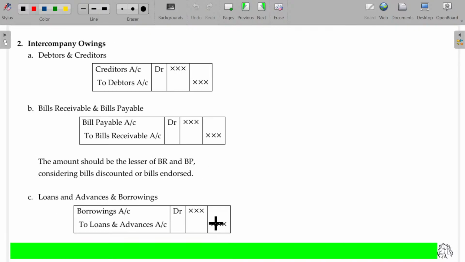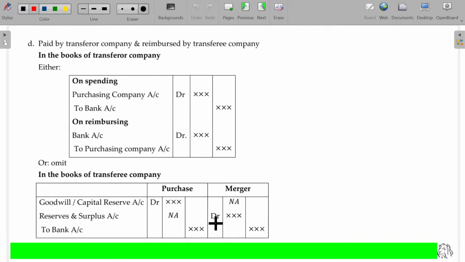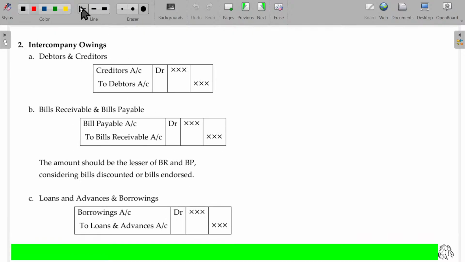Now, what is called intercompany owings? Company A, company B. In debtors of A being 1000, where the debtors include B 200 rupees. In case of B, they too have debtors 500.